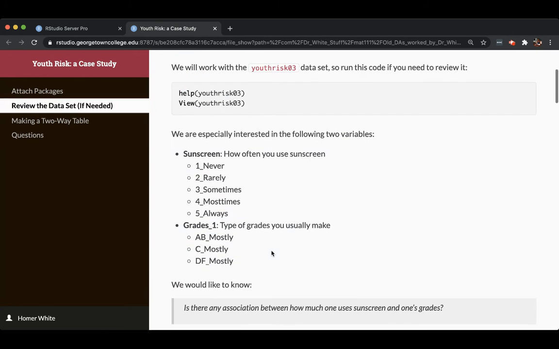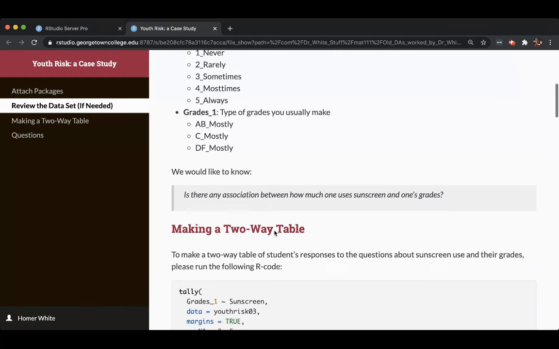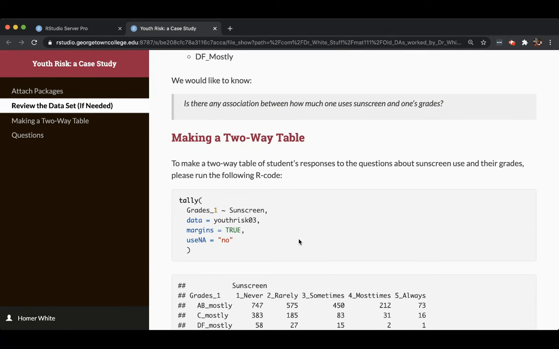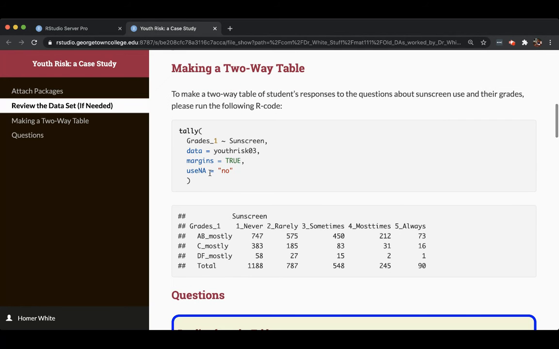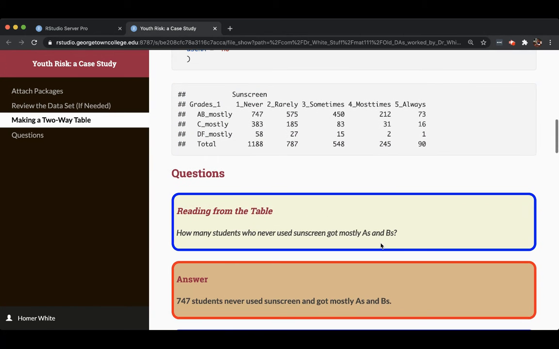We were working with the youth risk data set, looking at the relationship between the variables sunscreen and grades. We wanted to know if there was any association between how much you use sunscreen and your grades. So we made a little tally table to investigate the question, and here is the table. First question: how many students who never used sunscreen got mostly A's and B's?